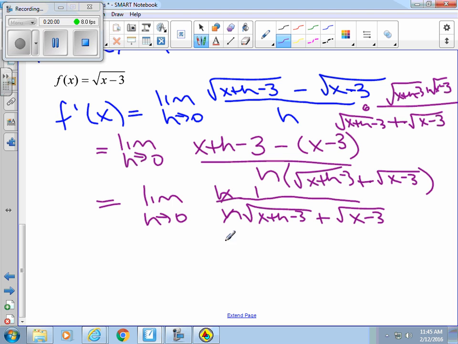And now I can put 0 in for h, and I get 1 over 2 square roots of x minus 3. Those of you who know a shortcut probably don't know one for that. Don't worry, there is one. You just don't know it yet.